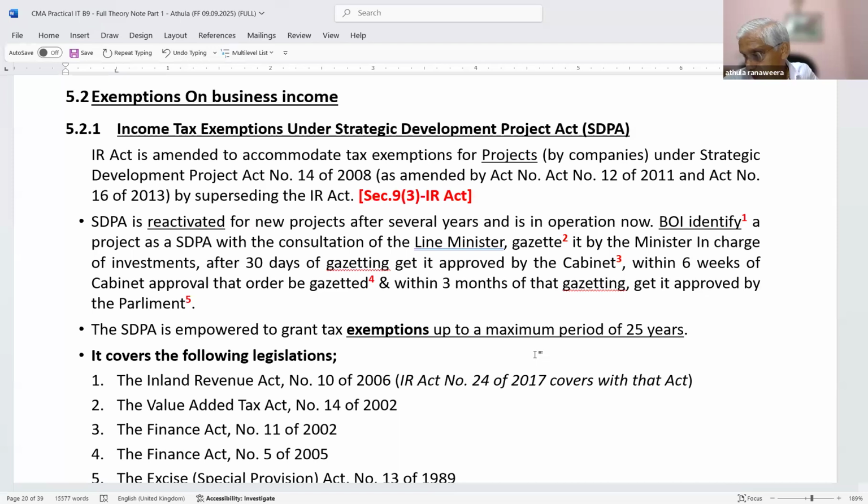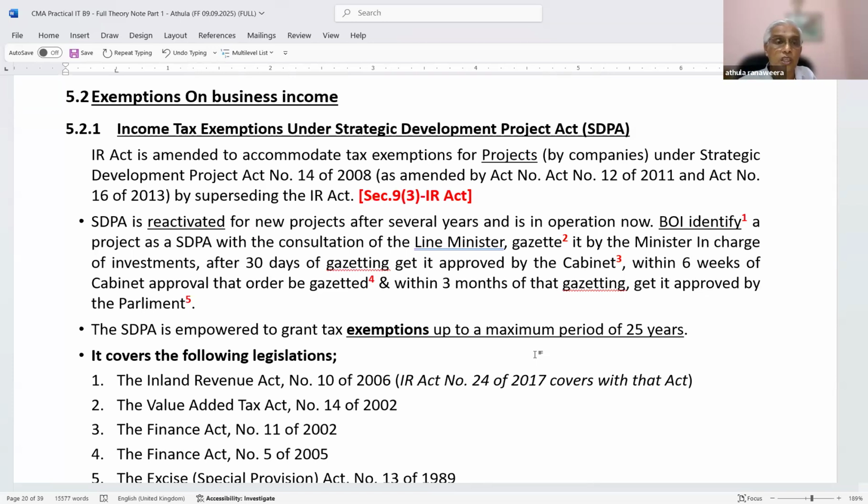And it created a lot of corruption in Sri Lanka. Now, as a result, after a government change, the subsequent government cancelled the operation of the act. For some time, they suspended the operation of that.